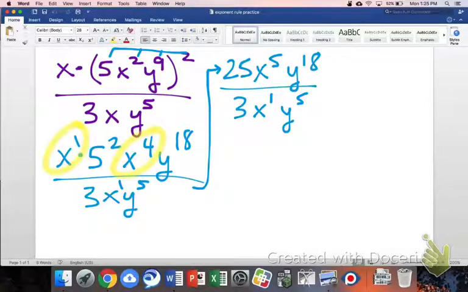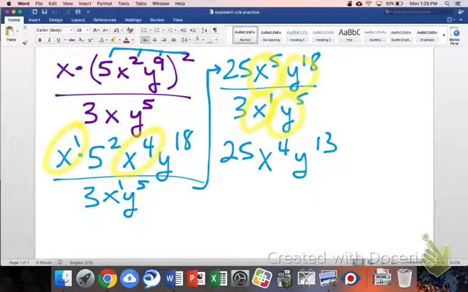Because I've got x's in the top and bottom, right? Yeah. I've got an x here and an x there. I've got a y here and a y there. And like she said, you can subtract. That's what we'll do. So lastly, if I am dividing like bases, I subtract exponents. 18 minus 5 is 13. The denominator is still 3. Leave that as is. And you're done.